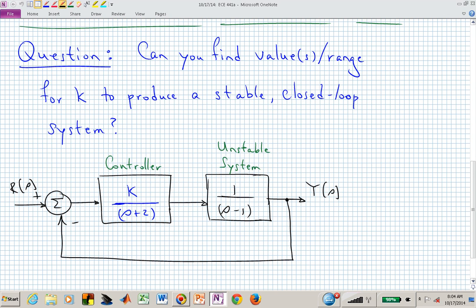The system nominally is unstable, the way I've represented this system in a block diagram. It has a pole at +1. We have a controller that we're putting in at -2, and we want to adjust the gain K. Is there a value, or are there values, or is there a range of K to produce a stable system?